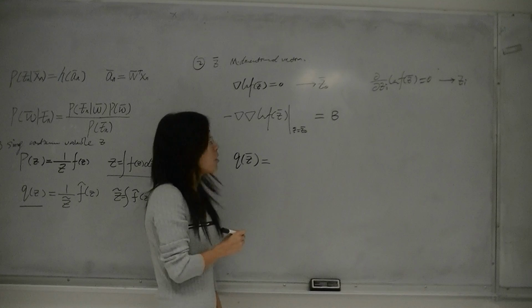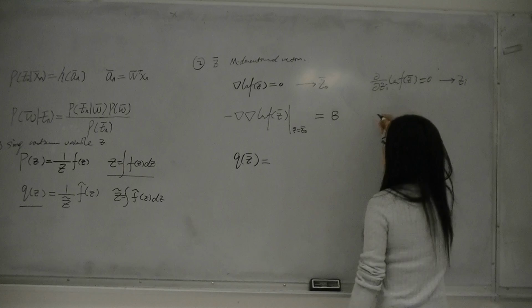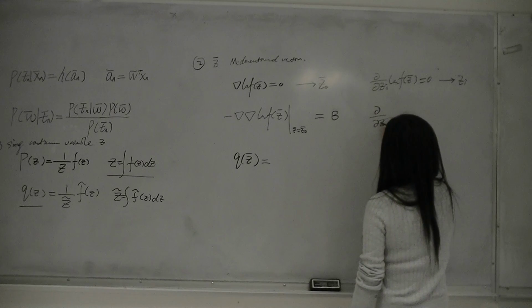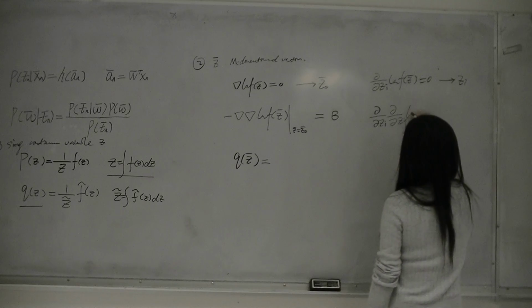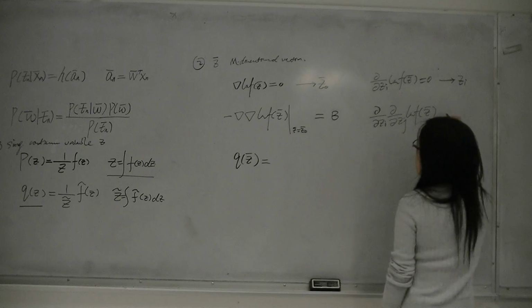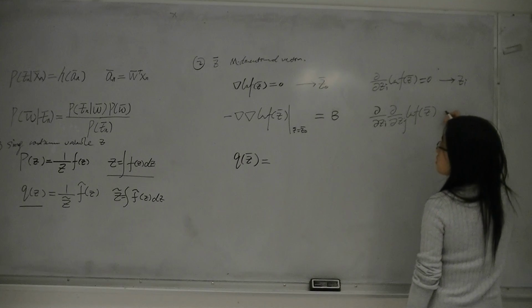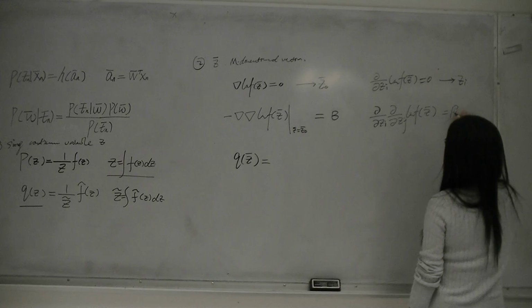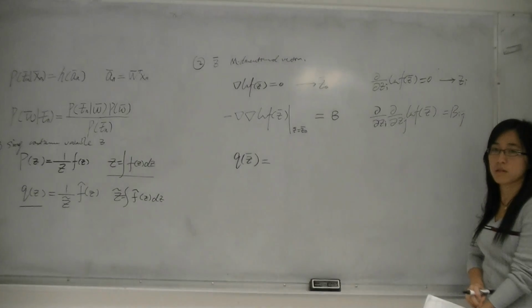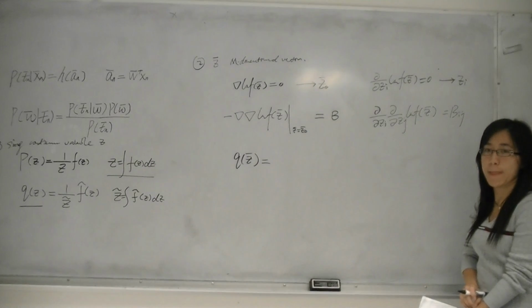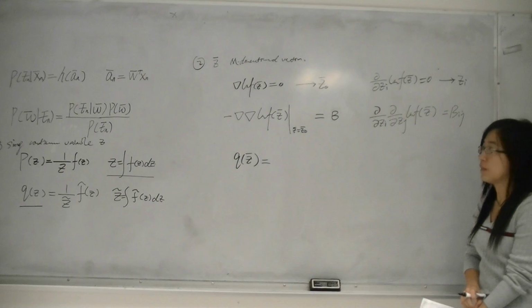For the second line, we have the second derivative of ln f(z) equal to B. I don't think there's a common notation, but it's okay, just go ahead.